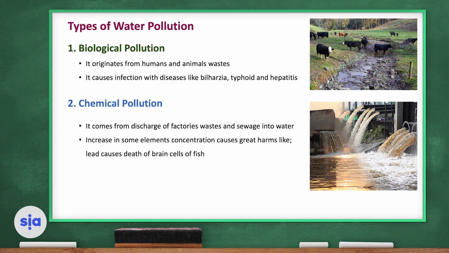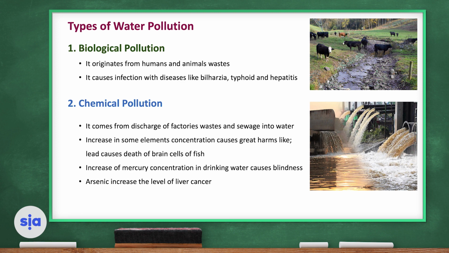Increase in some elements' concentration causes great harm, like lead, which will cause the death of the brain cells of fish. Also, increase of mercury concentration in drinking water can cause blindness. The increase of arsenic in water increases the level of liver cancer.